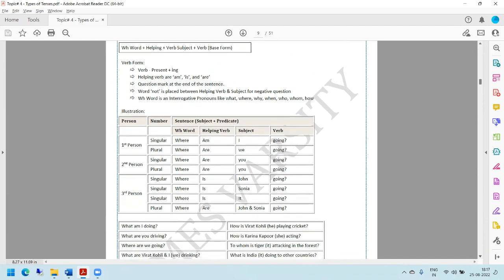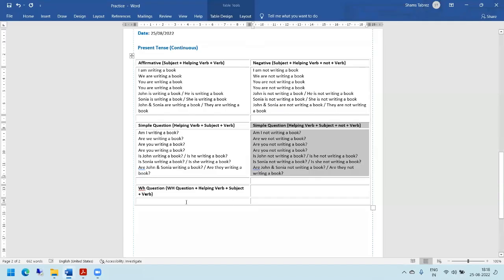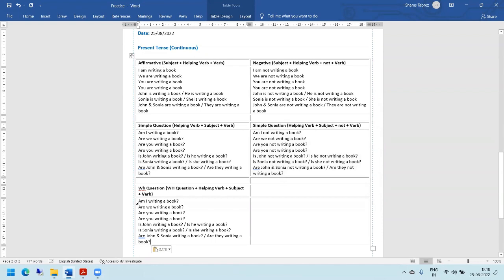Now let's make some sentences here. I will take this one, then add the WH word to this sentence. Like, what am I writing? The book will not be there.